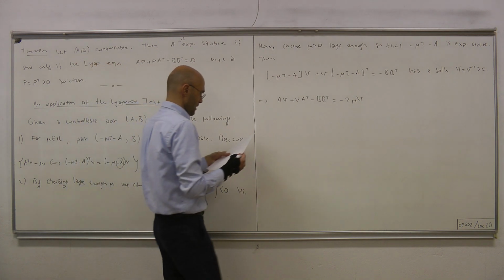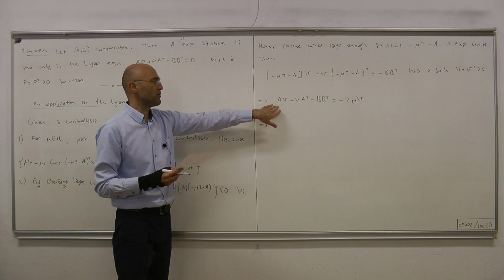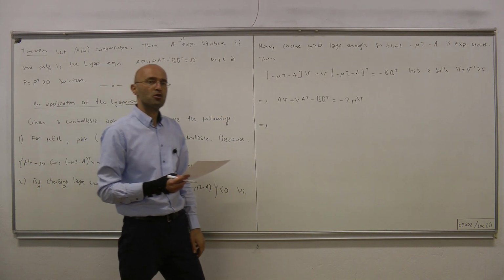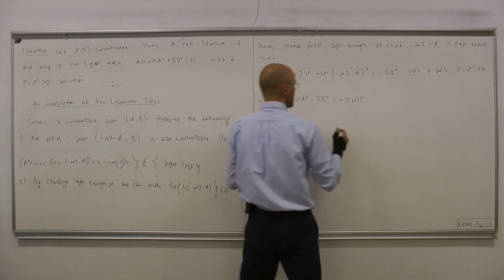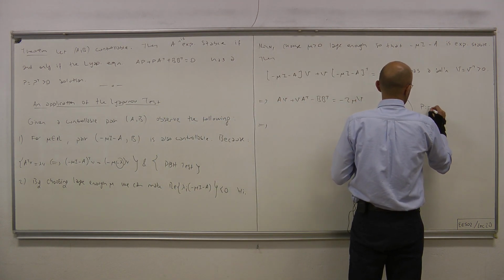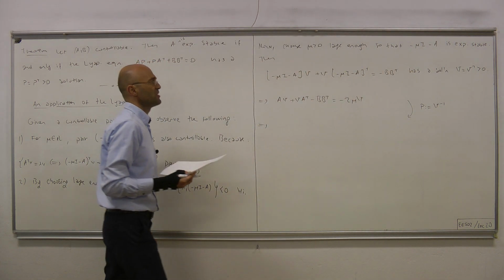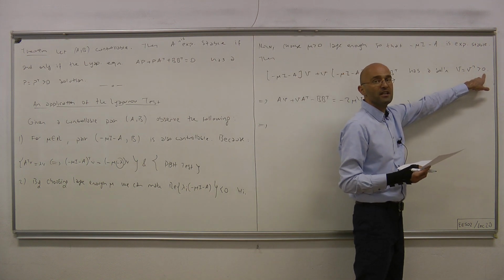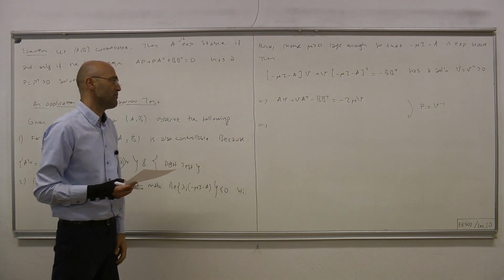Then we multiply both sides of this equation by the inverse of V, which we call P. So let P be the inverse of V. Since V is symmetric positive definite, its inverse is also symmetric positive definite.